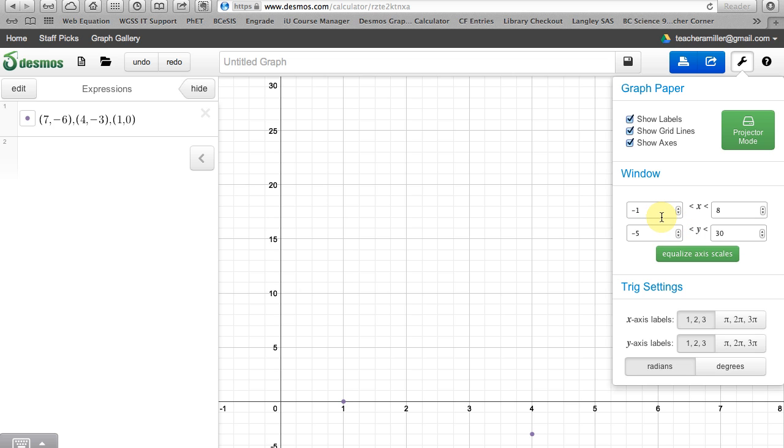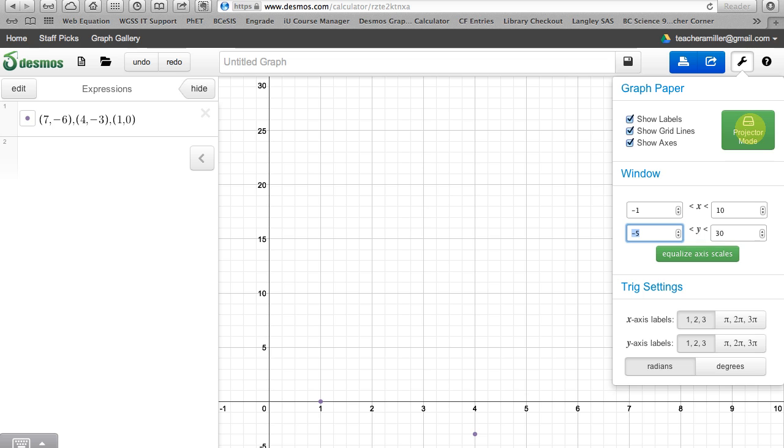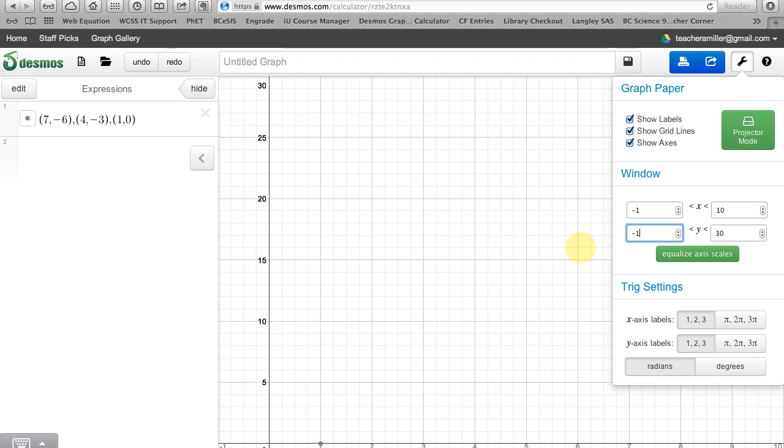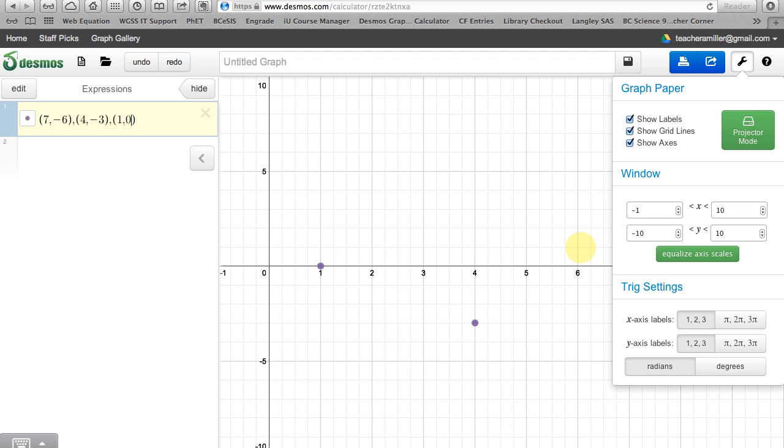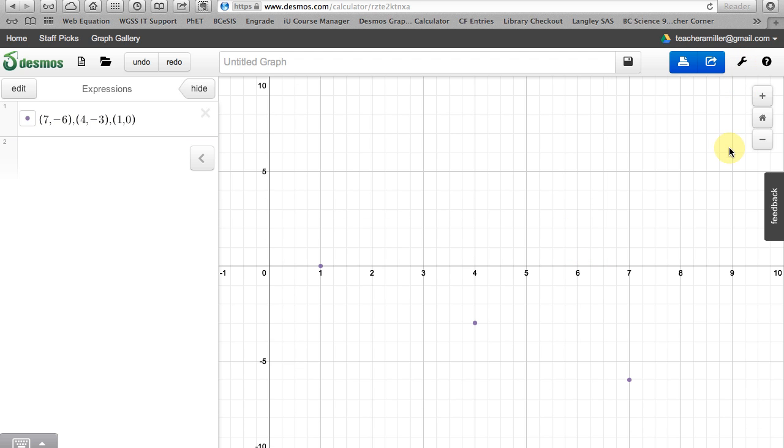So that will certainly work for the horizontal axis. The vertical axis needs to go a little bit lower, so maybe from -10 up to +10, and then we should see all of our points here. Yep, there they are.